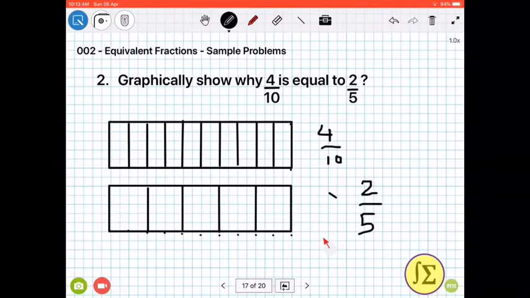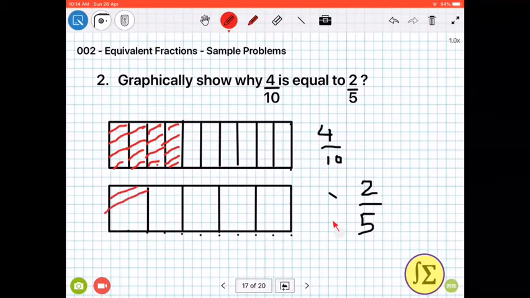Right, now we're going to shade it. For the first one, we've divided it into 10 equal pieces based on the denominator, and the shaded area is going to be 4. So 1, 2, 3, and 4. And then for the fraction below, 2 over 5, we have 5 equal pieces, and the shaded area is going to be 2.